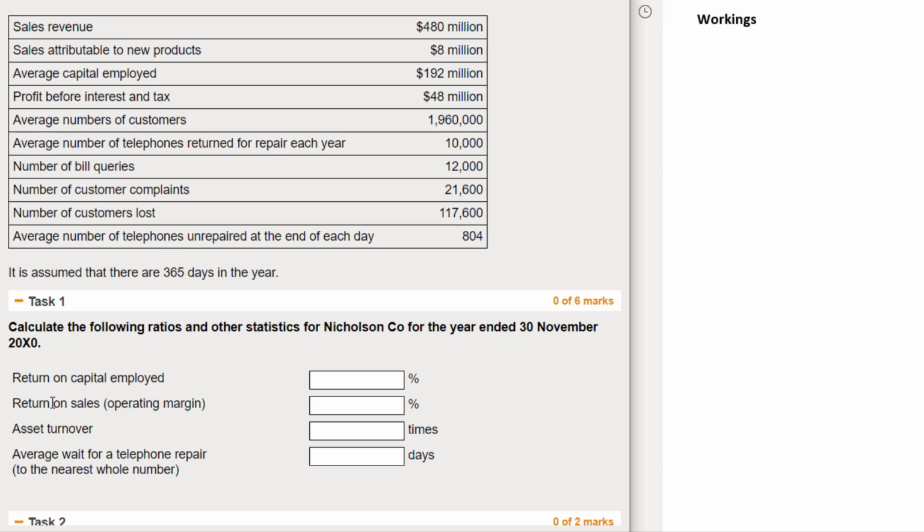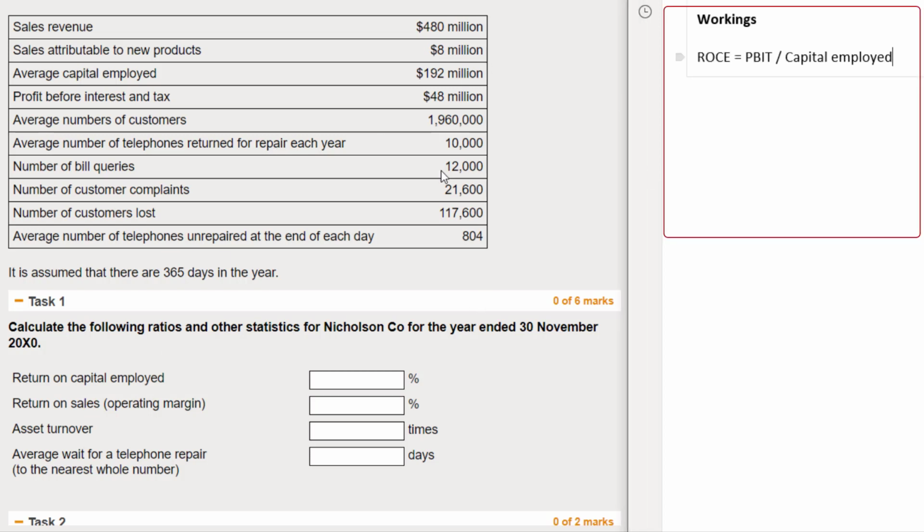So the ones that are formula based, the first 3, I'm going to start off with my formula and then put the right numbers in. So the first one, the return on capital employed, that's the profit before interest and tax or operating profit if I'm not given PBIT, divided by the amount of capital employed in the business. Should it be the average capital employed or the initial capital employed? Well, they tell you slightly different things.